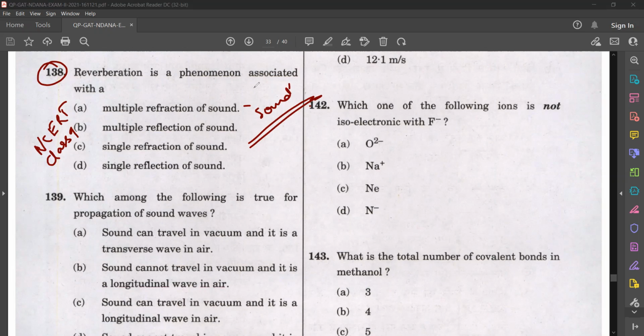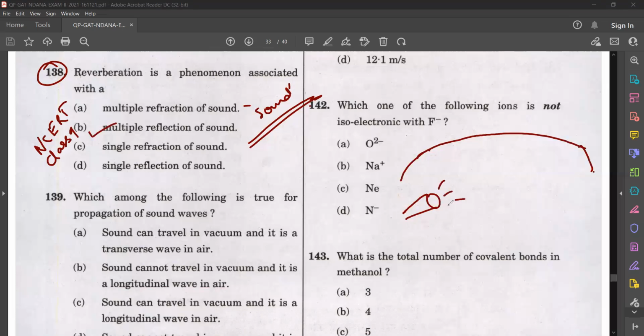So what is actually reverberation? Reverberation is nothing but multiple reflection of sound. Suppose we have a room or something like this, and sound is being produced.